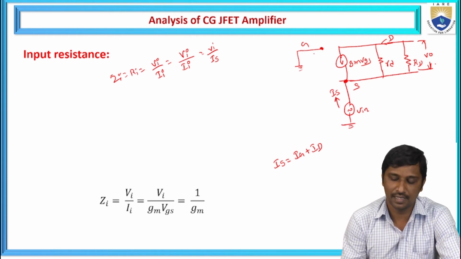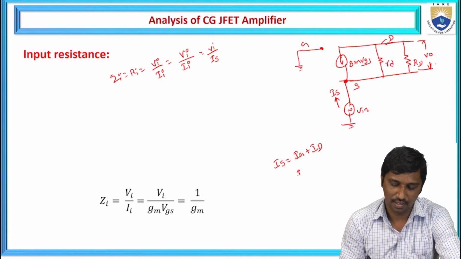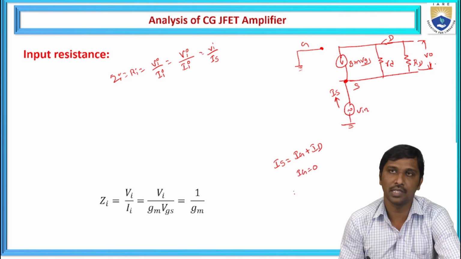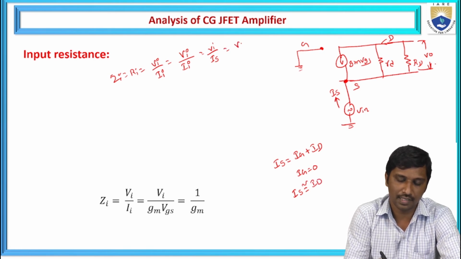The gate is connected to the common terminal, at lower potential. Hence, the current flowing through the gate is 0. We assume IG is equal to 0, then the source current is approximately equal to ID. That is the reason it is represented as Vi by ID.